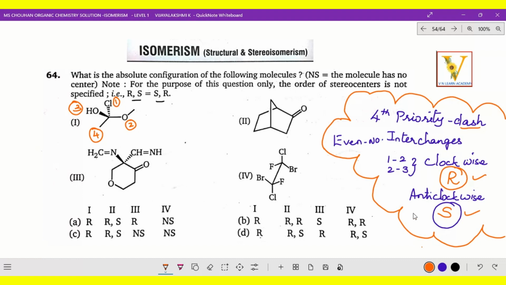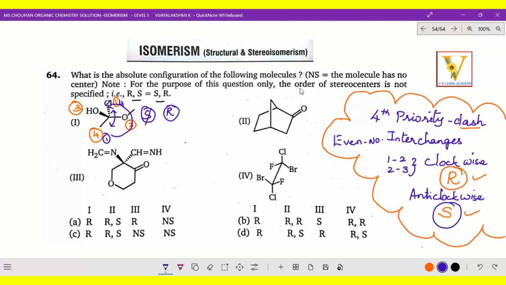So an interchange is taking place. Here 1 and here 4, right? So 1, 2, 3, 4 like this, anti-clockwise. So here anti-clockwise we are not supposed to write. So this is actually R configuration. Why? Because an interchange is taking place. So the first compound, it is R.